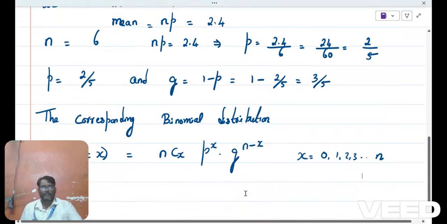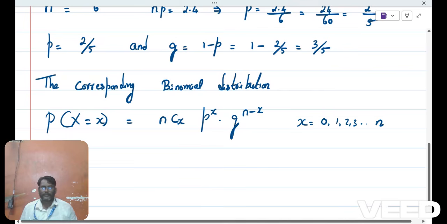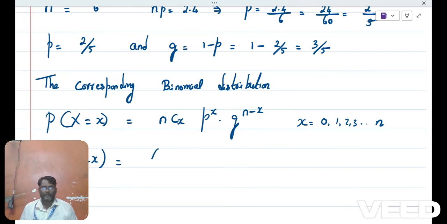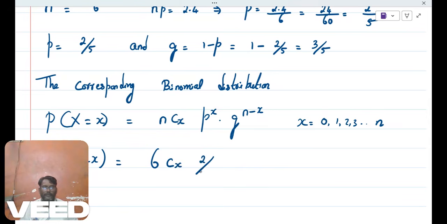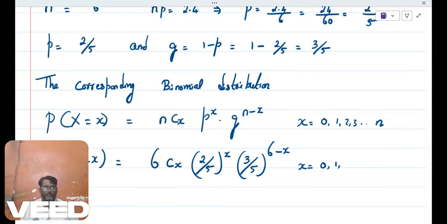So substituting the values of n, p and q, we get the distribution P of X equal to x is equal to 6Cx, and p is 2 by 5 raised to the power x, and q is 3 by 5 raised to the power 6 minus x, and x values will be 0, 1, 2, 3, 4, 5 and 6.